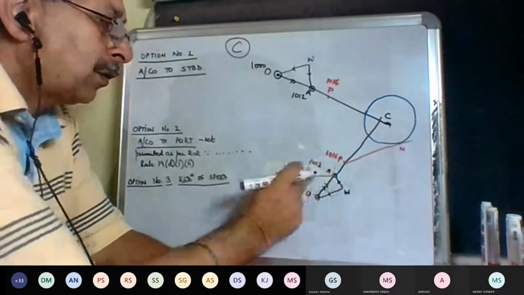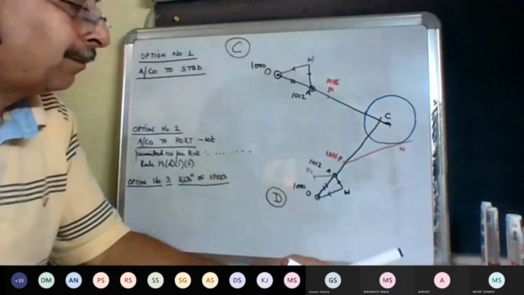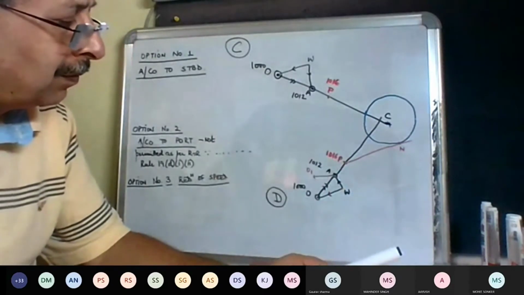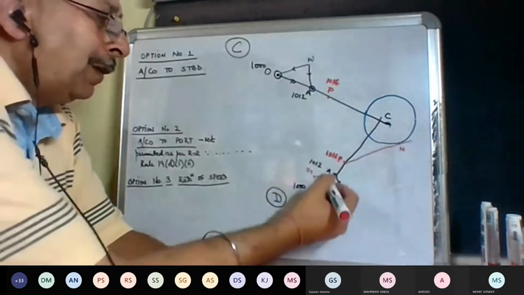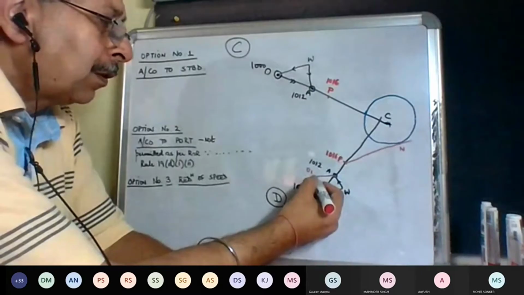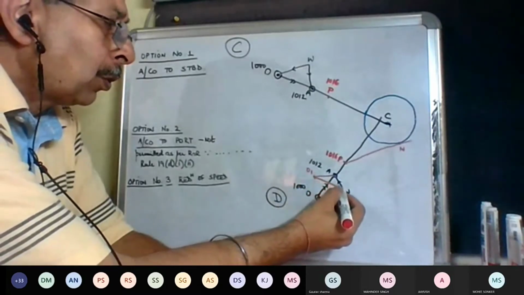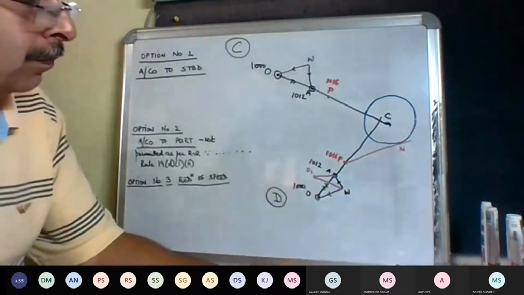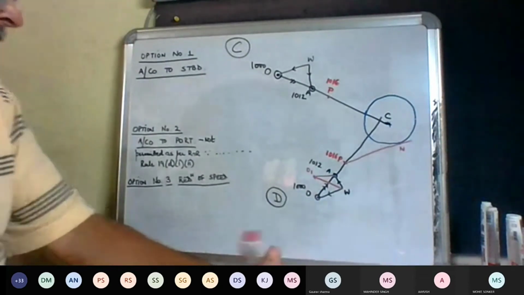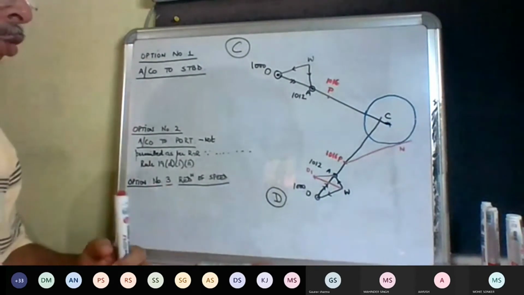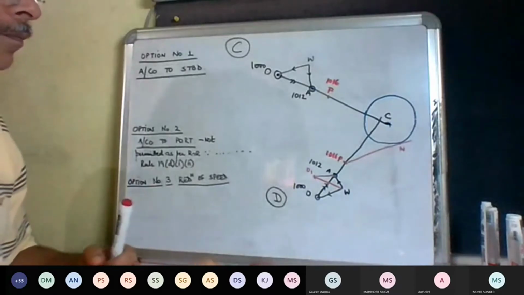Call it as O1. Join WO1. Then WO1 is the new course, alteration.